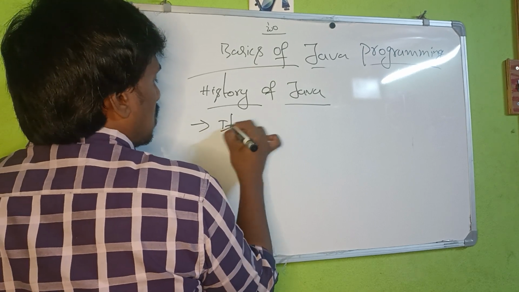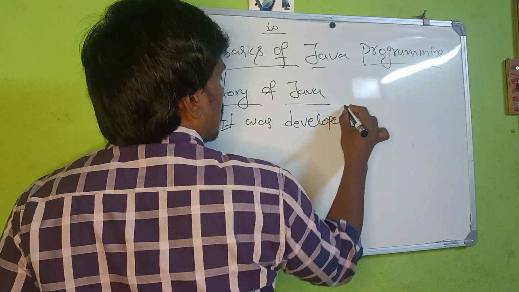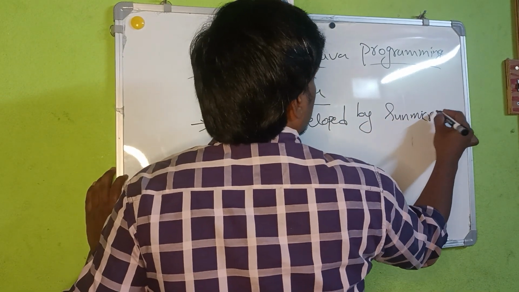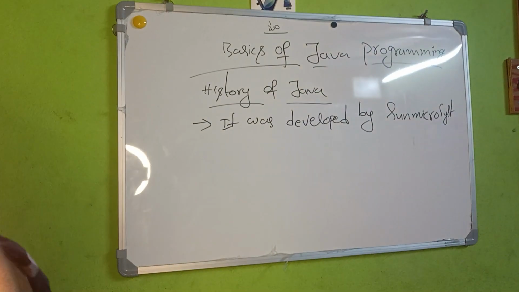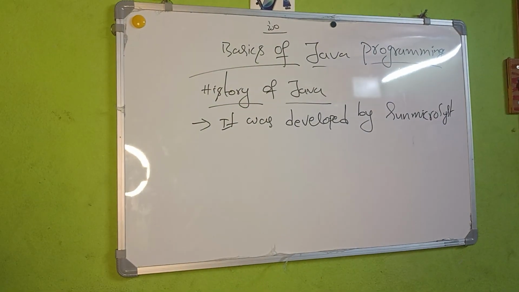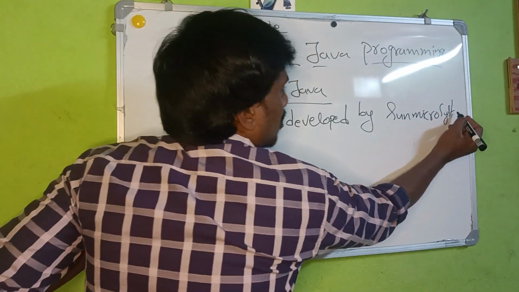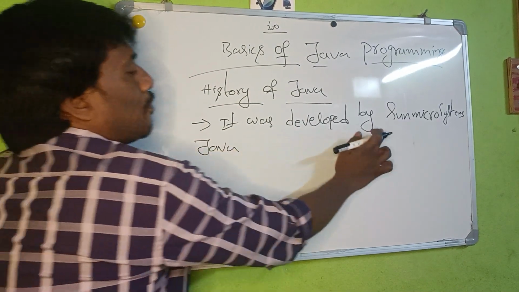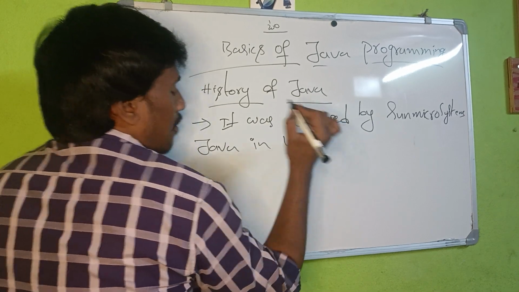Java was developed by Sun Microsystems in 1995.